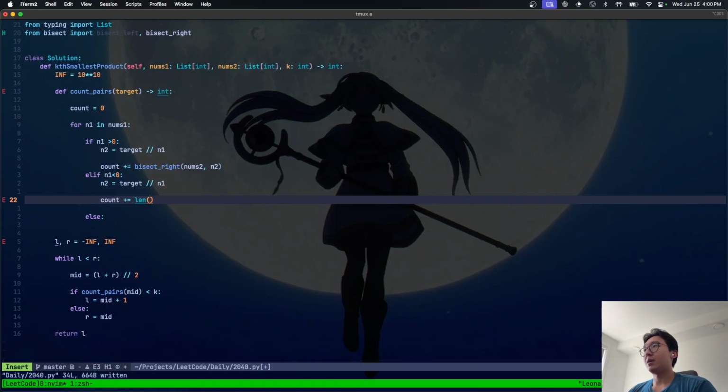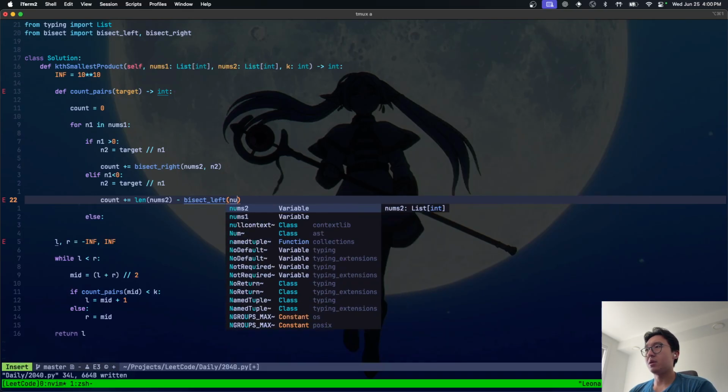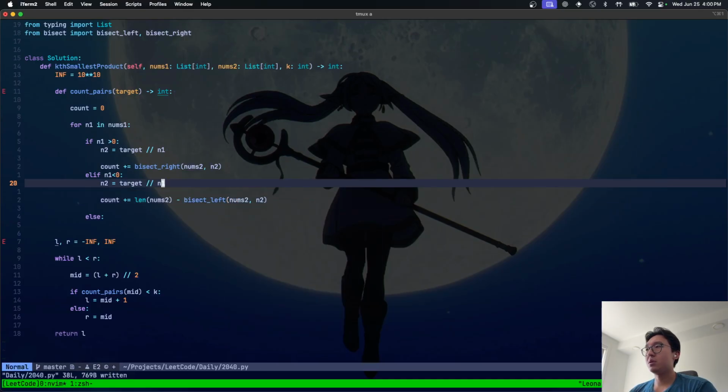So the length of num2 minus bisect_left of num2 with target2. Why do we need to take the ceiling of this? Let's see, we want to do the left.